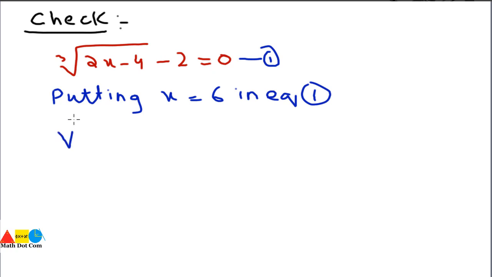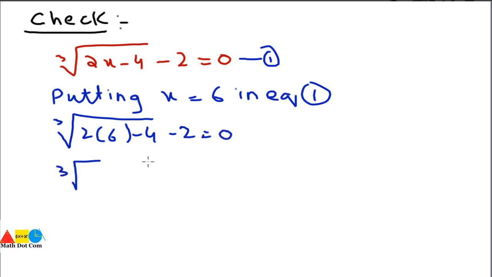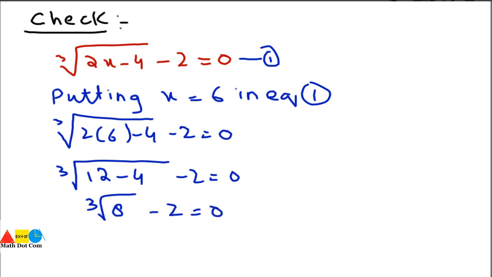Now what will we have? We write 2 into 6 minus 4, minus 2 equals 0. Then 6 2s are 12, so the cube root of 12 minus 4, minus 2 equals 0. Then 12 minus 4 is 8, the cube root of 8 minus 2 equals 0.